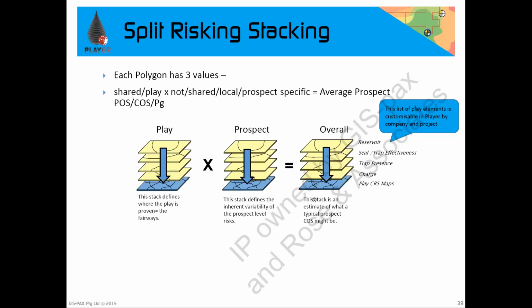So the type 2 maps that I was talking about are these average P sub G maps here on the right. And for each polygon, we're splitting it into two components. And then we make three different stacks. The first stack is the shared, the second stack is the prospect specific, and the third stack is the overall average prospect value.